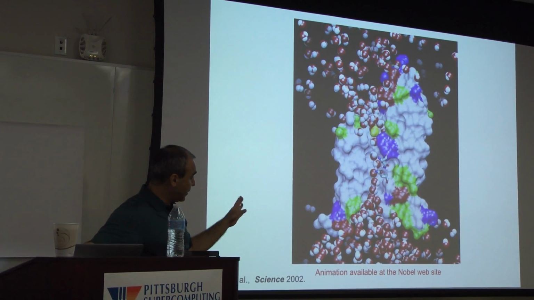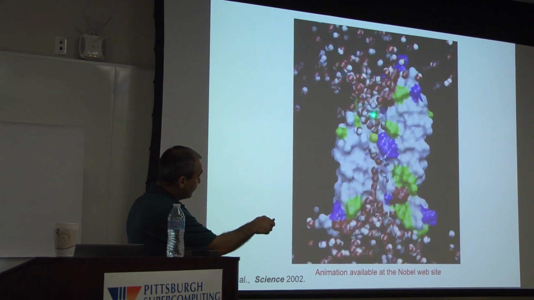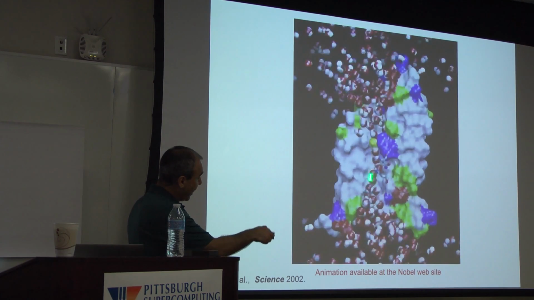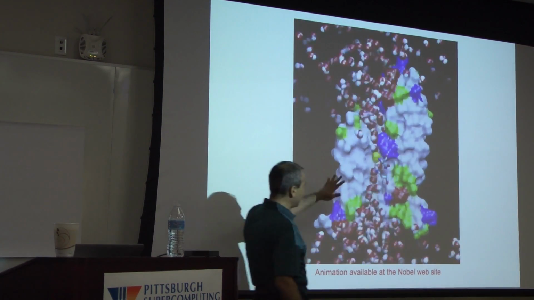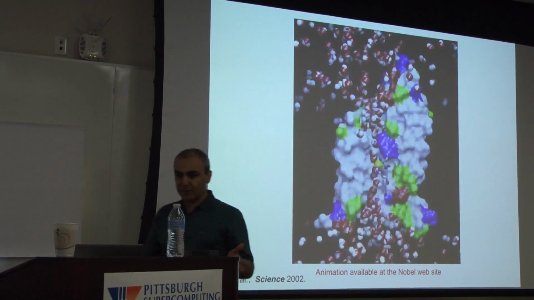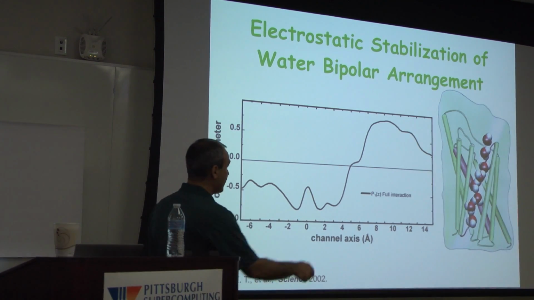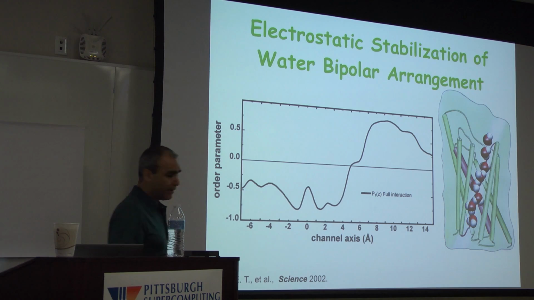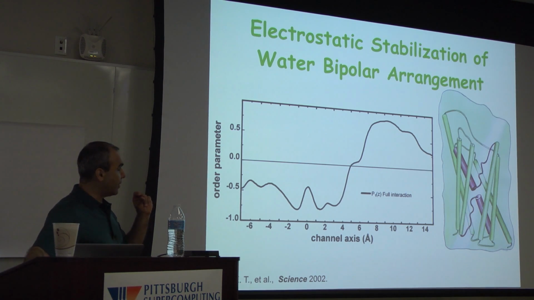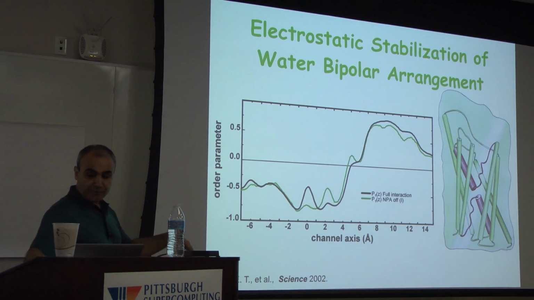In the example I talked about, we saw this change of orientation of water molecules in the two half channels. We could have stopped there and said, okay, we think there are helices and residues that cause this behavior. Instead, we designed a couple of tests. This is our wild type behavior, if you wish: the flip of the dipole moment of water molecules in the two halves. Then we started doing mutations in the simulation, first neutralizing some of the residues in the NPA motif, where exactly they are doesn't matter.